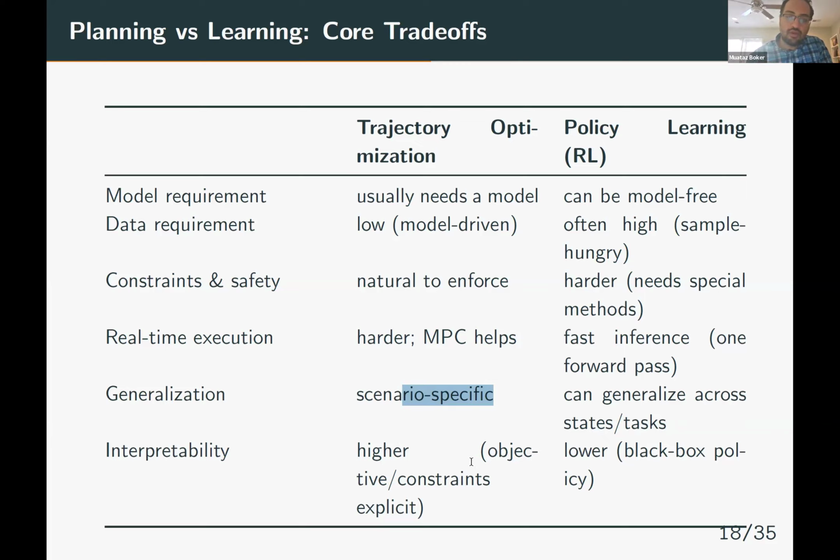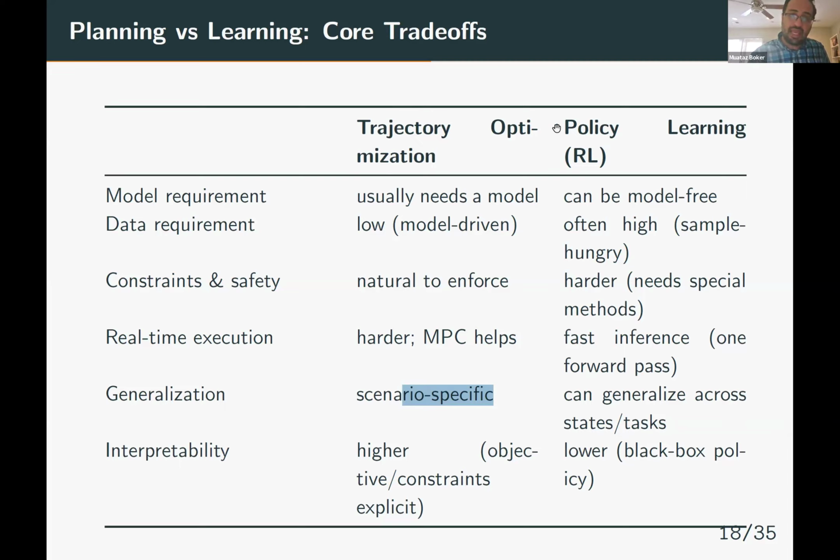So understanding how the controller works, this is at least my definition of interpretability, is clearer for trajectory optimization than for policy learning. And coming up with performance guarantees can be practical in trajectory optimization more than in policy learning.